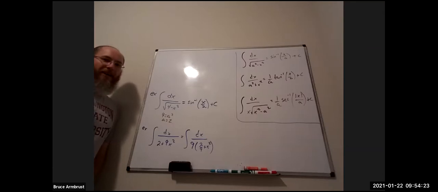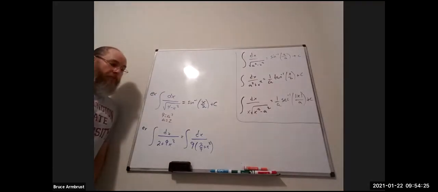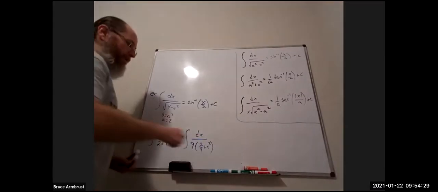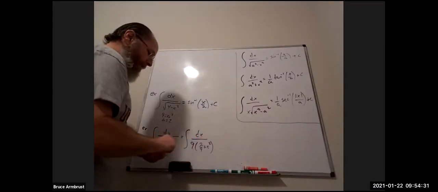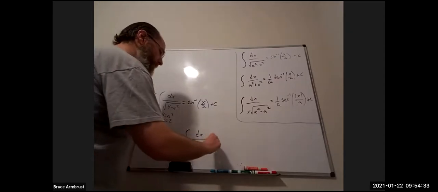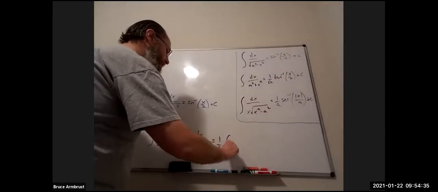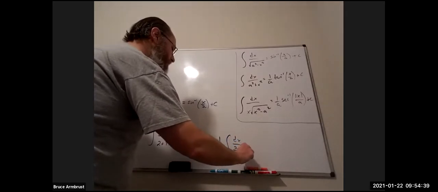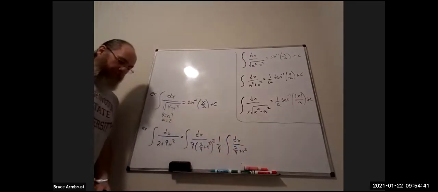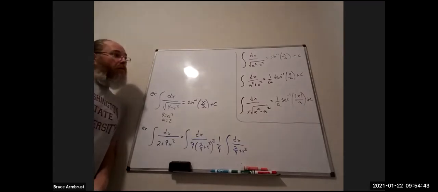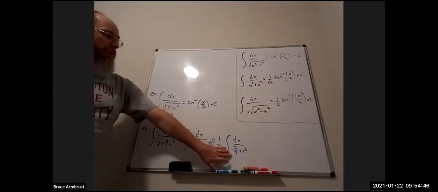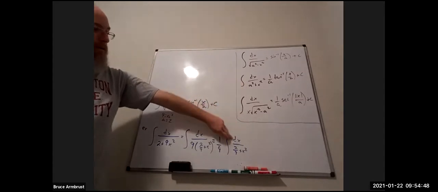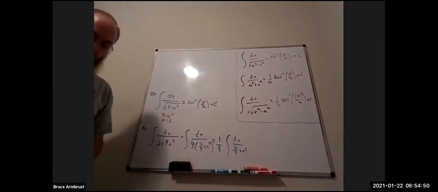So that 9 comes out front. It's no big deal, right? We like constant multiples. So this is going to be 1/9 the integral of dx over 2/9 plus x squared. And now if you look at this form, these are exactly the same.